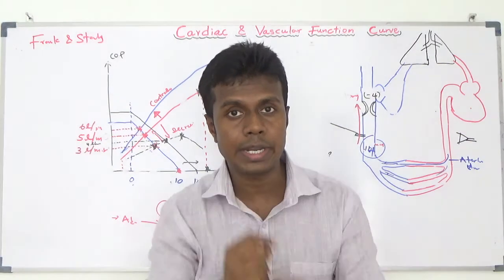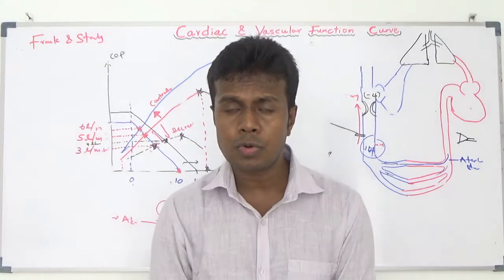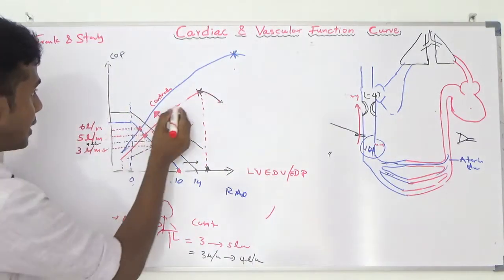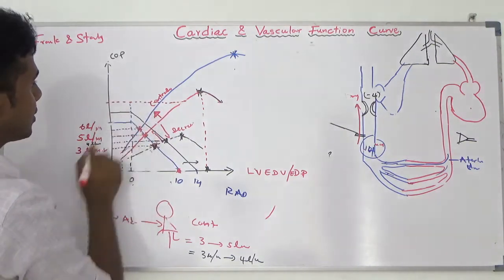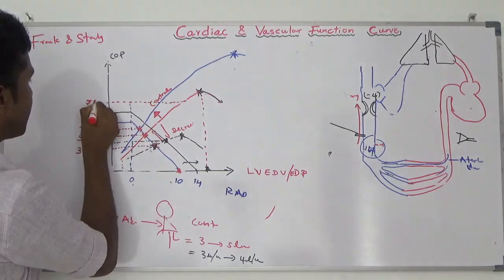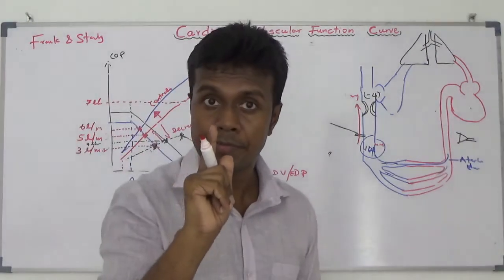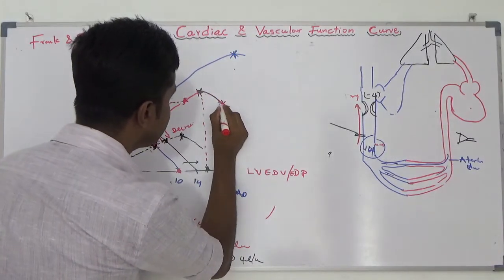One more thing to highlight here. If you check the cardiac output of my patient right now, for a while think my cardiac output is here, roughly about 7 liters per minute. For this 7 liters per minute, I can be here or I can be here.